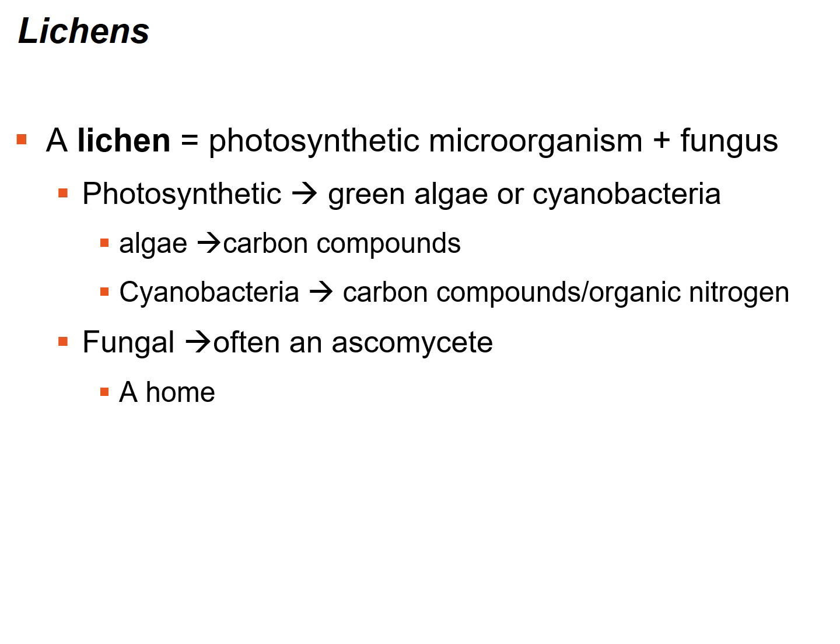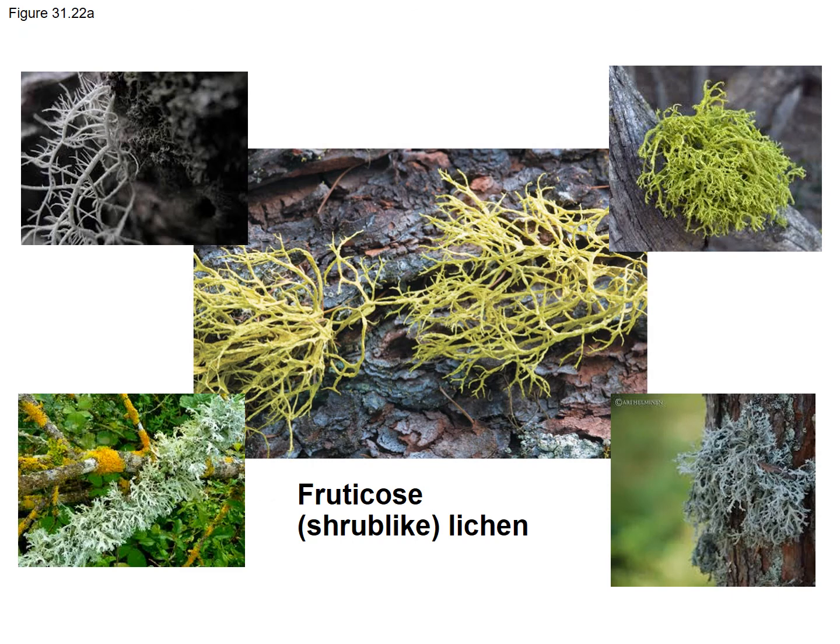Now, for lichen, the fungus is more often than not a fungus that belongs to the Ascomycota phylum. Now, there are three major forms of lichen described in your textbook, and I'm talking about the macroscopic. We've got the fruticose form, which looks more like a shrub.